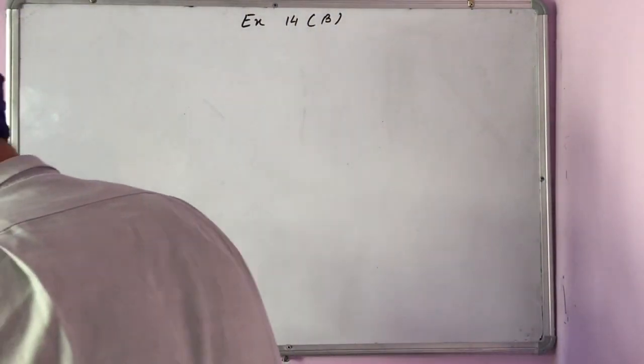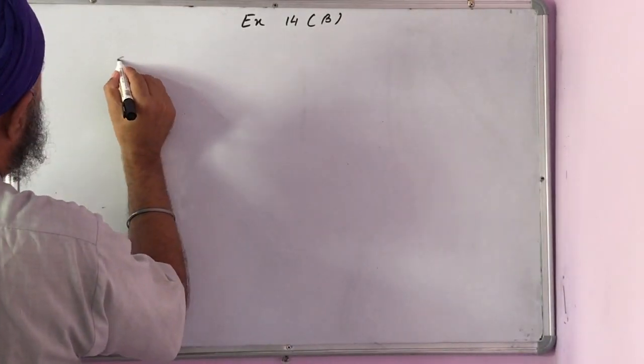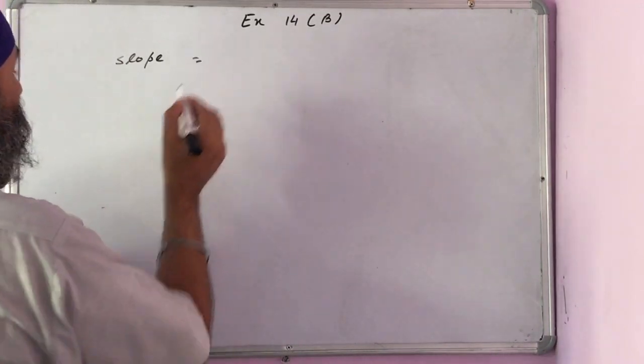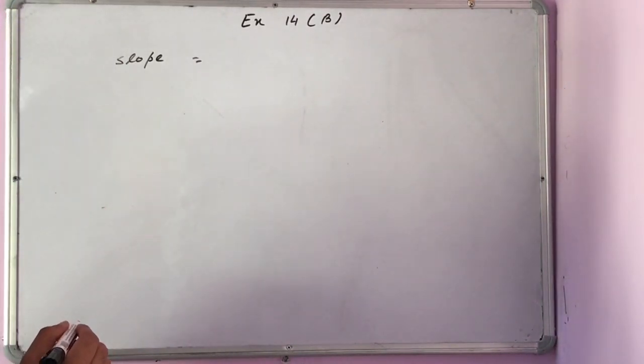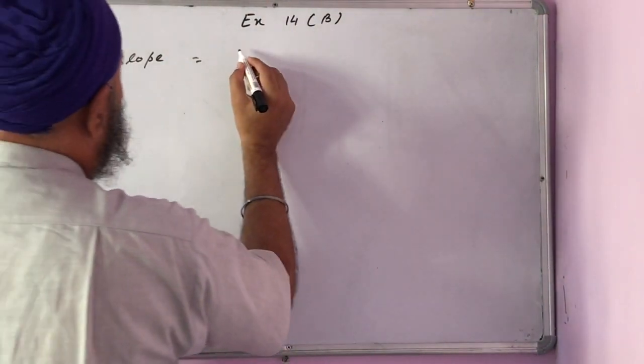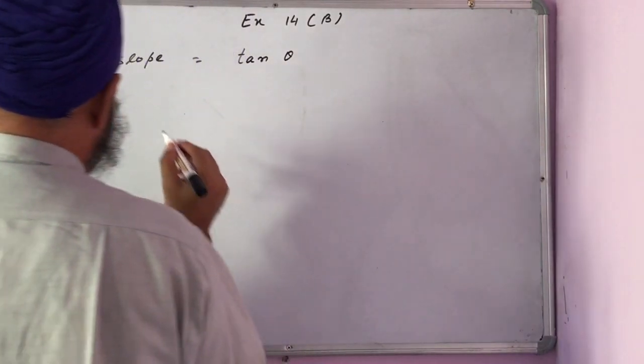Find the slope of the line whose inclination is given. To find slope, you have done it in 9th class also, so I won't go into the details. If the angle is given, then slope is tan theta.